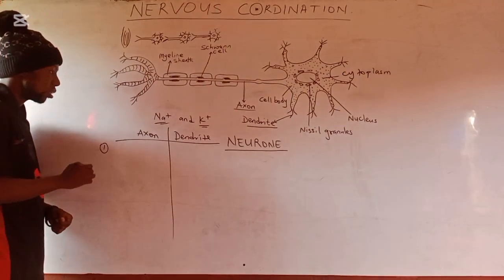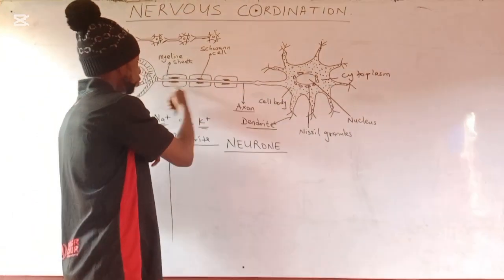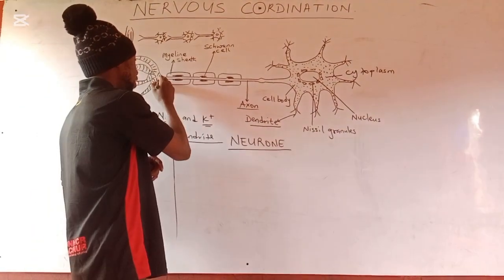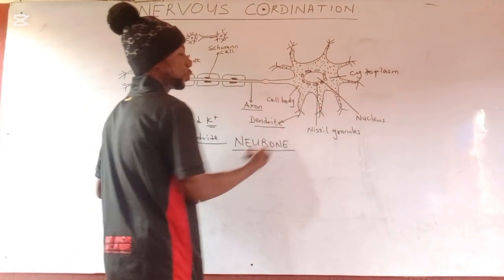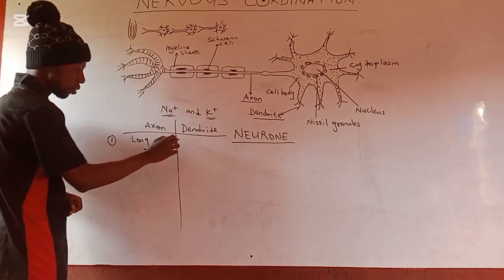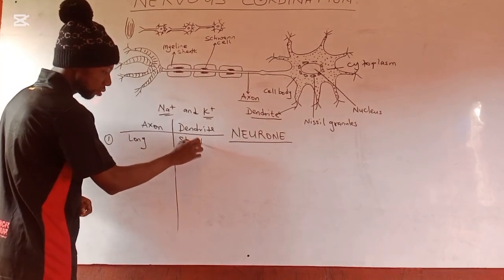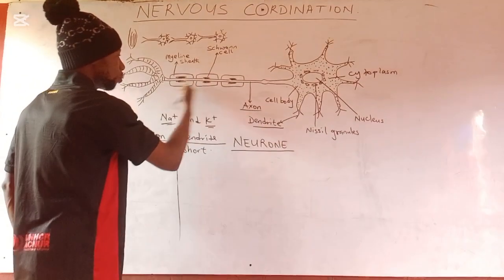Number one, axon, as we have on the whiteboard, is long. You can see the axon here. Axon is long. Then dendrite is short. Axon is unbranched.